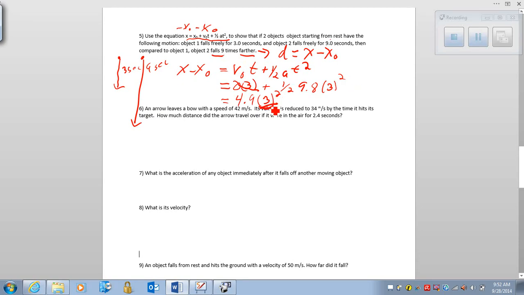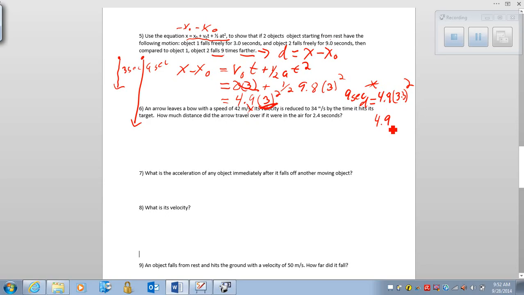But I'm going to write that a little bit differently. Okay, so for the 9-second object, this distance will equal 4.9, and instead of writing 9 in here, I'm going to write it as 3 times 3 squared. If you see that, then the only difference between this equation here and this equation here is that I have an extra 3 squared in it.